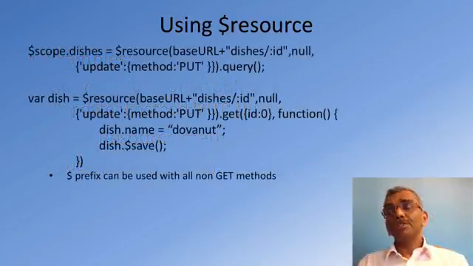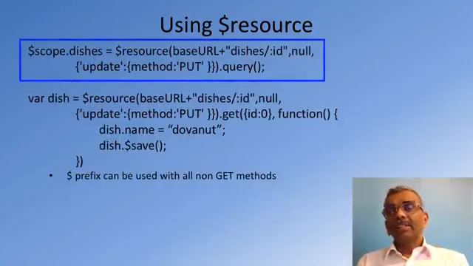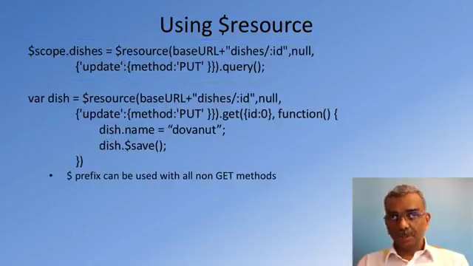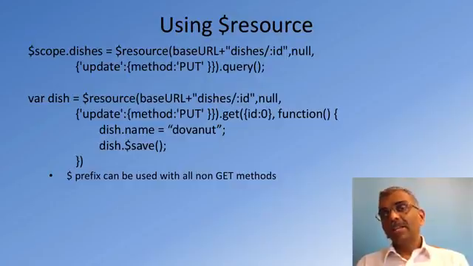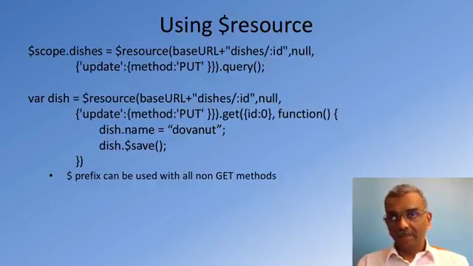How do we make use of a resource? Let's look at the first example here. I say $scope.dishes equal to the resource, and I specify the entire resource, and then dot query. This is going to return a JSON object array for me.